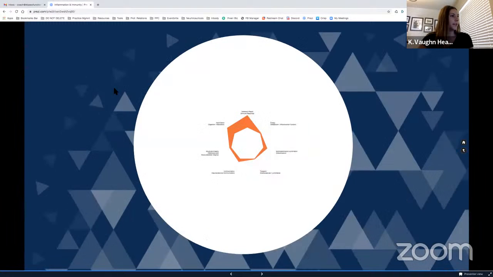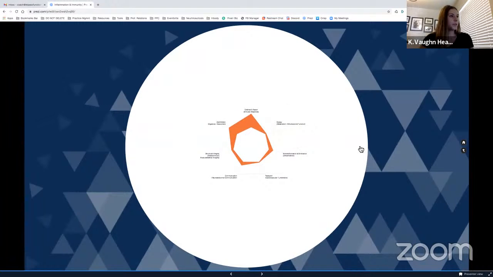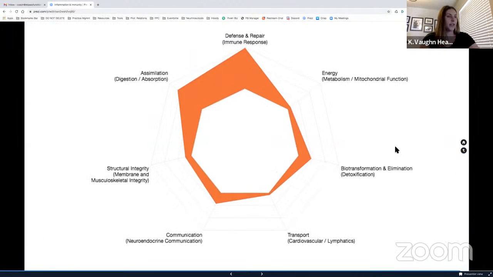So if we go ahead and look, part of our living matrix, what we get is right here. We can see that it's divided into different categories.